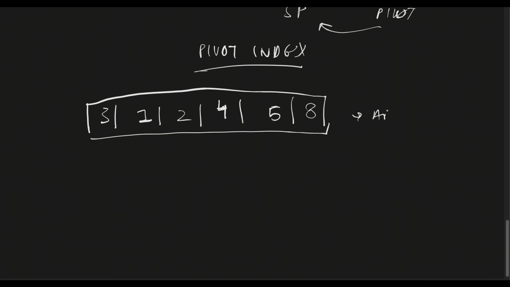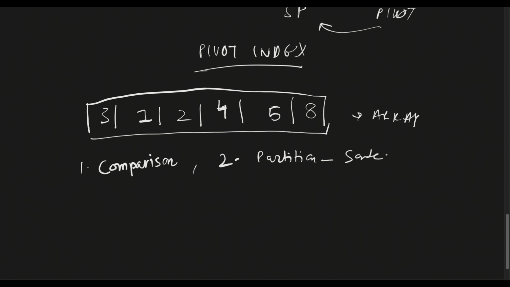So my first case, the comparison in quicksort, is completed, and now my second case starts, where I will be doing the partitioning and then sort this array. So I have my 4.